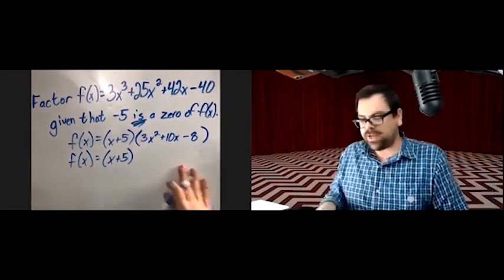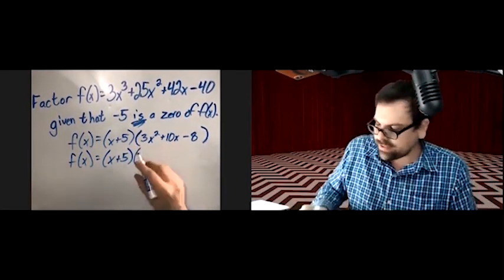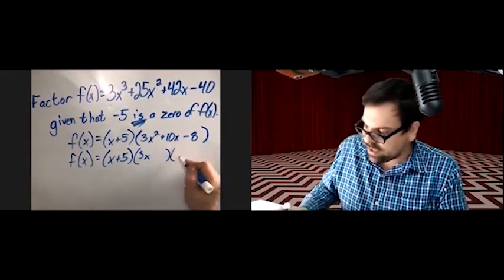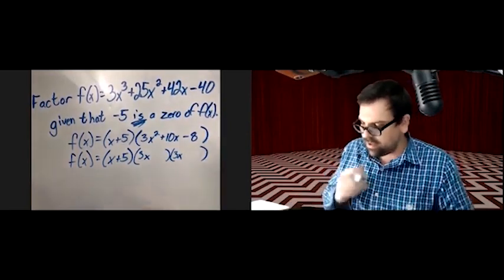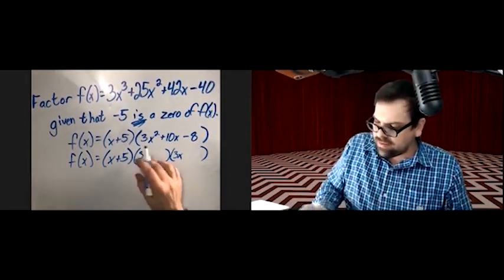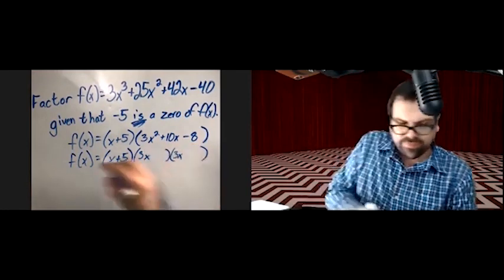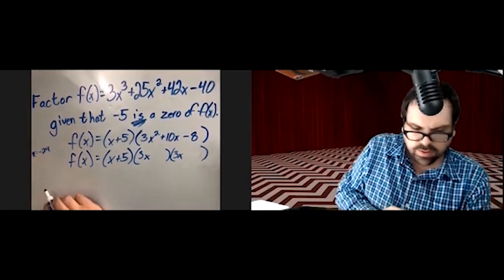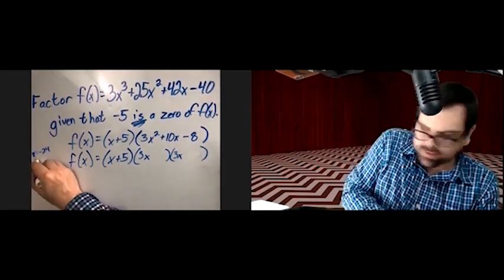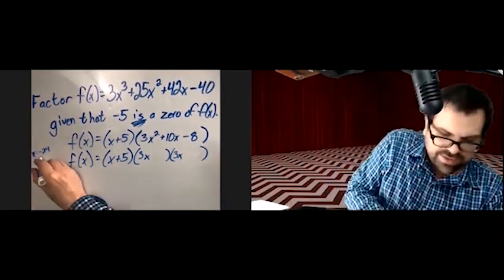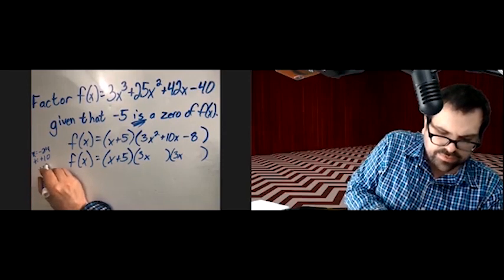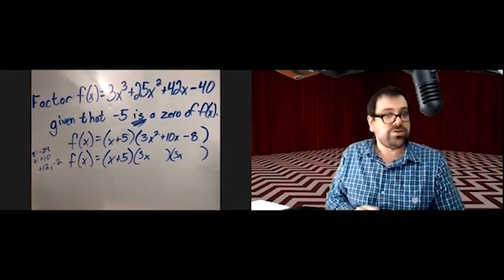A 3x squared is a 3x times a 3x using the airplane method. Numbers that multiply to -24 and add to +10. That is +12 and -2.